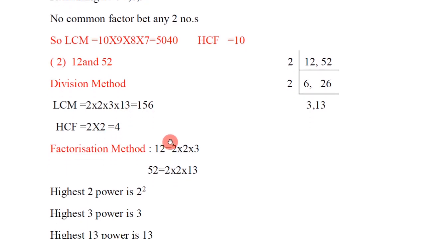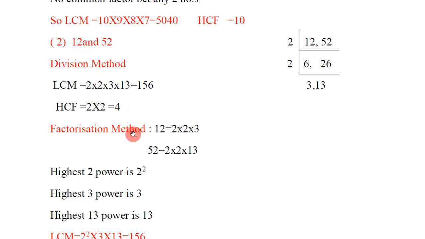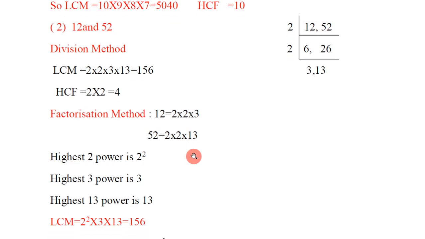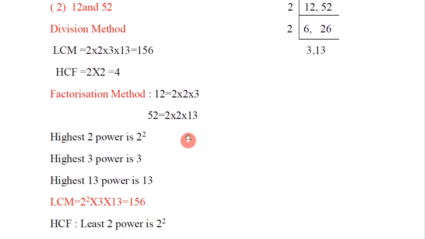Now consider the factorization method. Write 12 as a product of prime factors: 2 into 2 into 3. 52 can be written as 2 into 26, or 2 into 2 into 13. Now to write the LCM, we have to find the highest powers of each prime. Highest power of 2 present in both the numbers is 2 square.